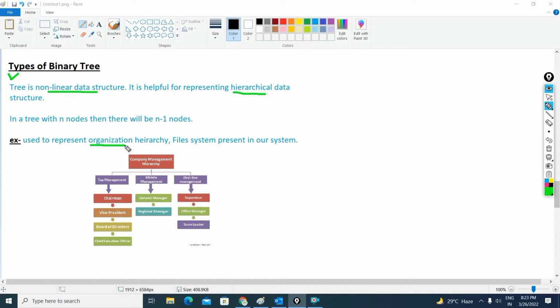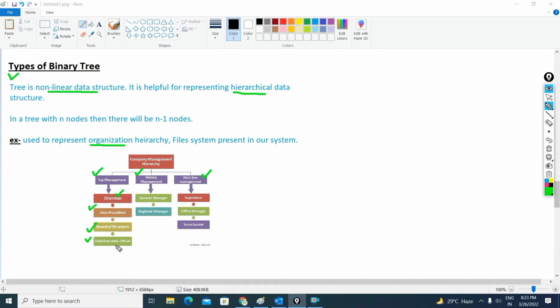In an organization, there are different kinds of employees and they have their own designations. See the diagram. Here you can see that it is divided into three parts: top management, middle management and first line management. Under top management, first the chairman comes, then vice president, then board of directors, then chief executive officer.